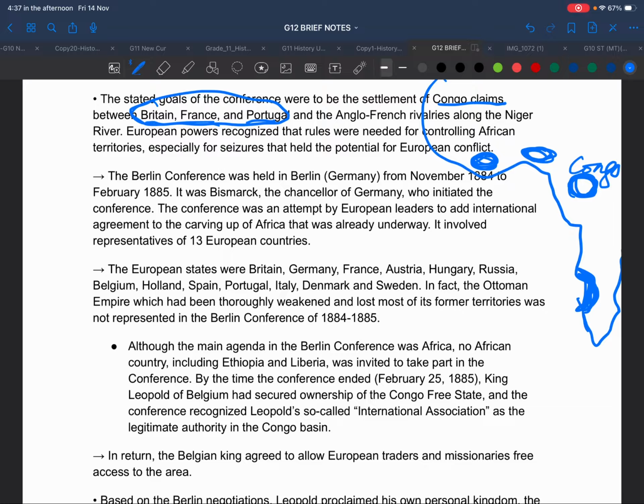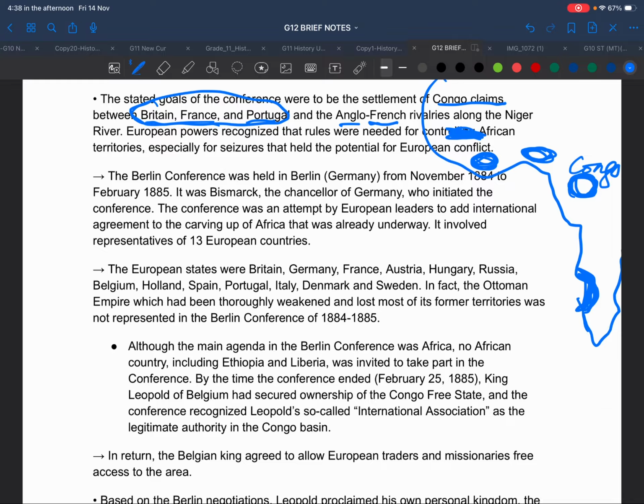And the Anglo-French rivalries here is along the Niger River. Anglo-French rivalry, meaning Anglo stands for referring to Britain, French as France.